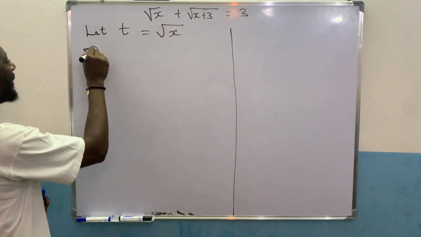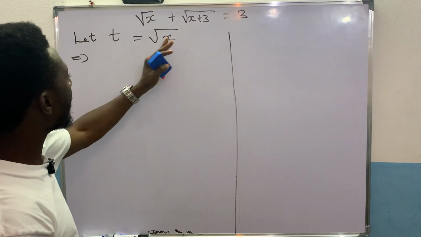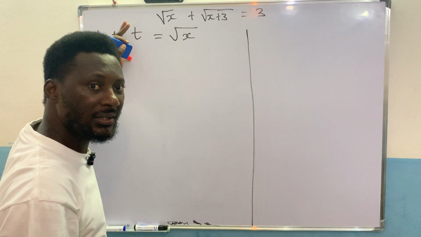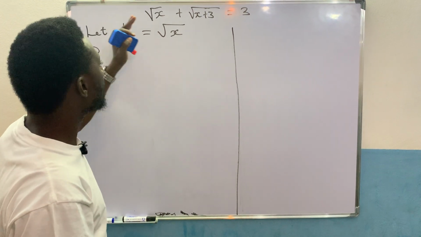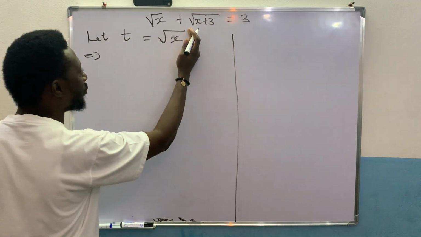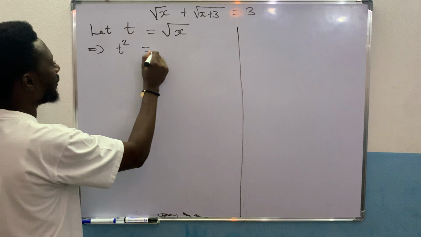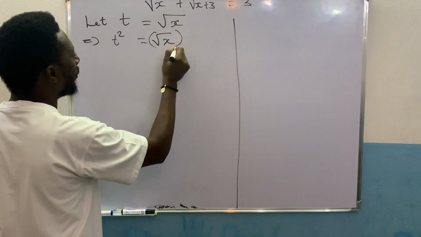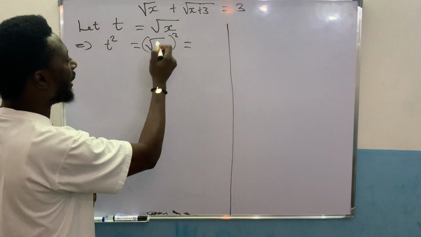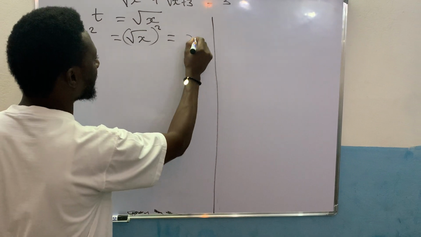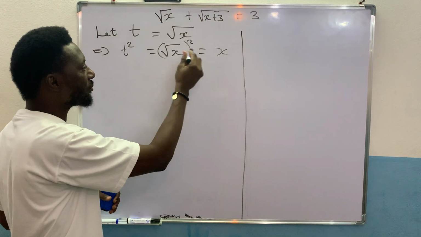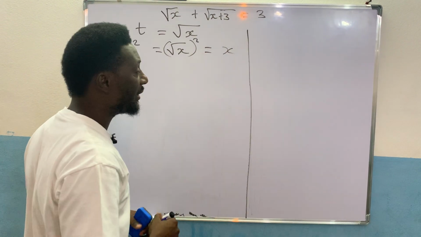So I'll proceed by squaring here and also squaring here, because whatever action you do on the left hand side in mathematics, that same action should be carried out on the right hand side. So t squared should be equal to the root of x, all that squared. The square and the square root cancel out, so we'll be left with x.